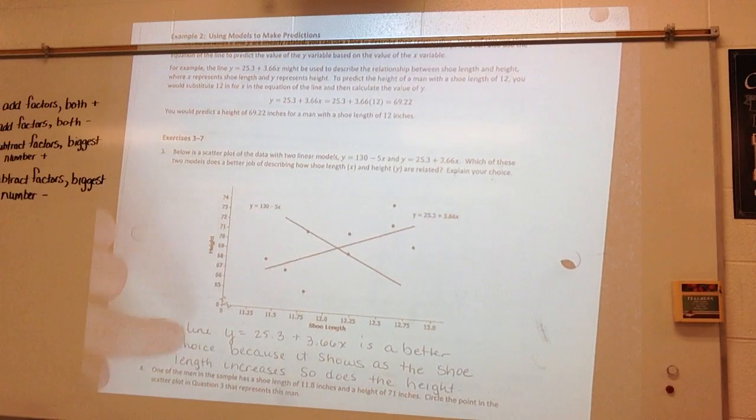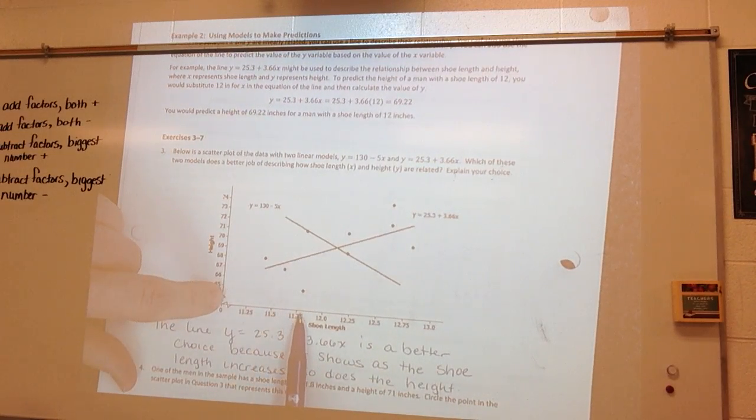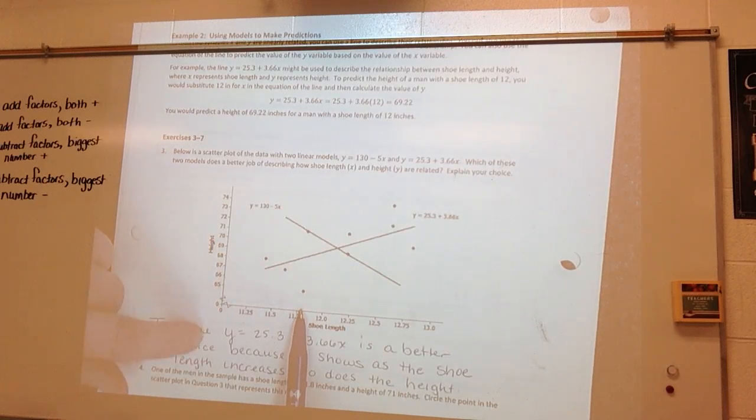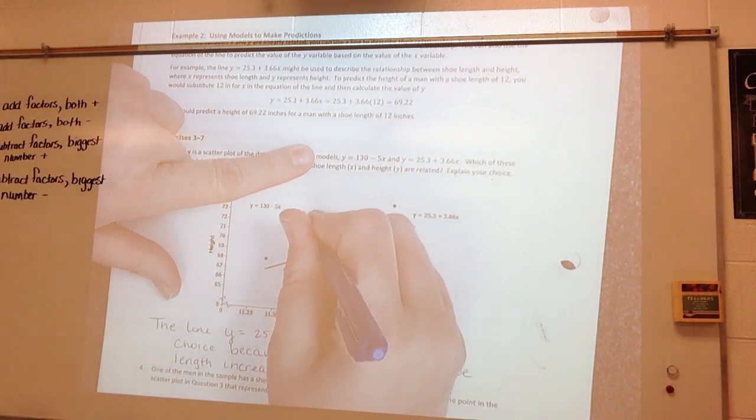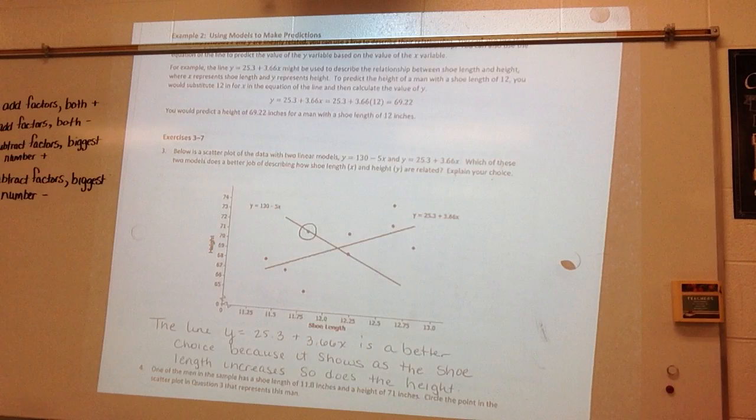Well, I'm looking for a shoe length of 11 8/10, so that's going to be close to this, and a height of 71 inches. So let's see where they meet. This would be that point. All right? That would be the point that we are looking at.